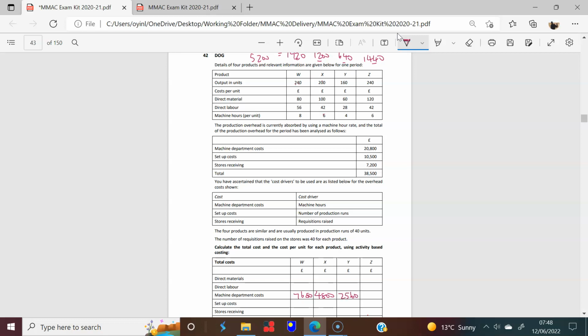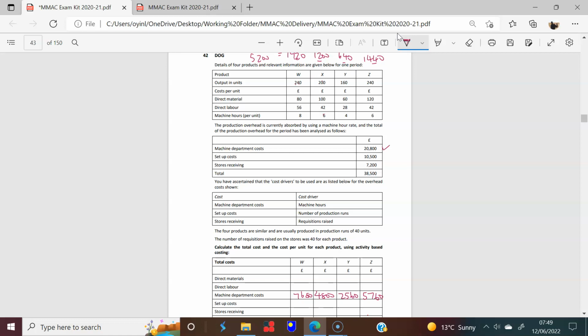And 4 times 1440 is 5,760. Right, so there we are. That's the first scenario. That's me splitting up, and I can just add those to confirm. 7,680 plus 4,800 plus 2,560 plus 5,760 does give you 20,800. So proof positive. You're happy.